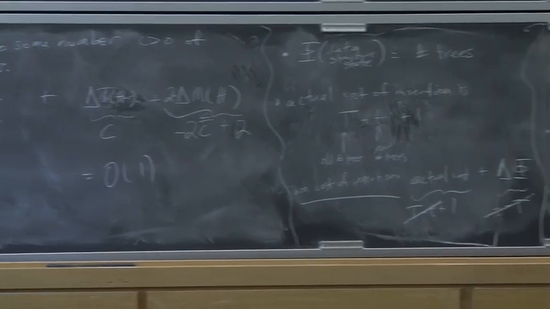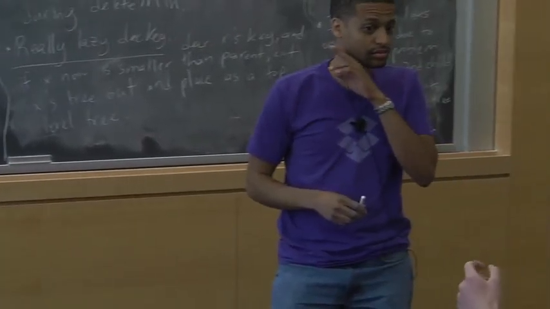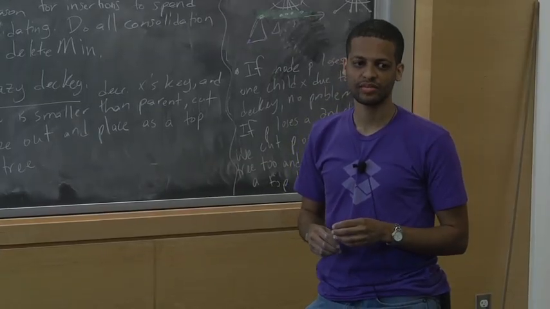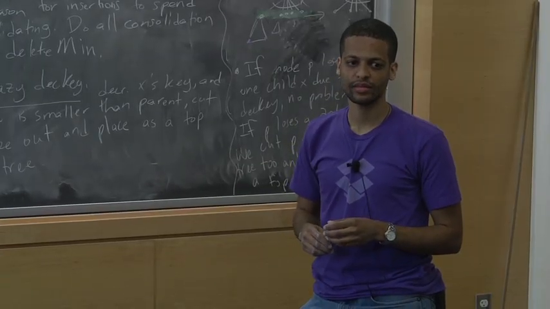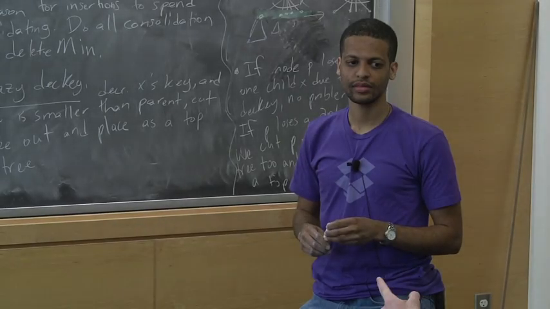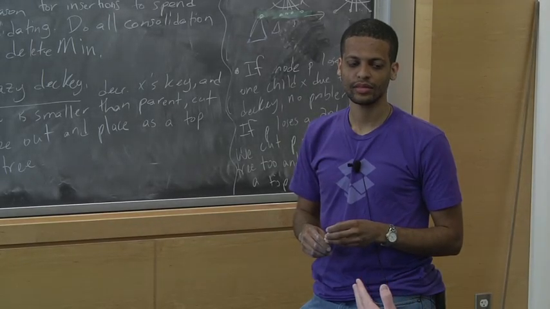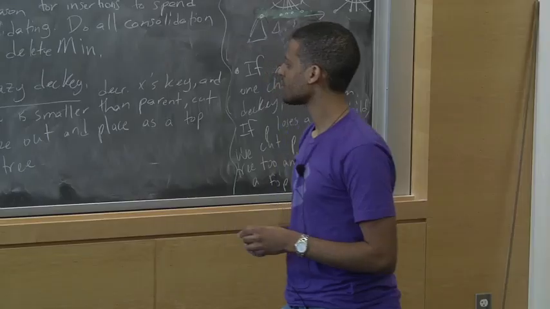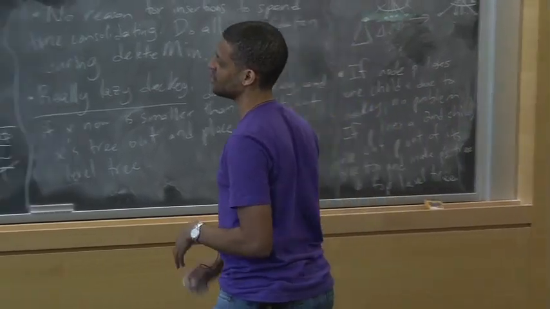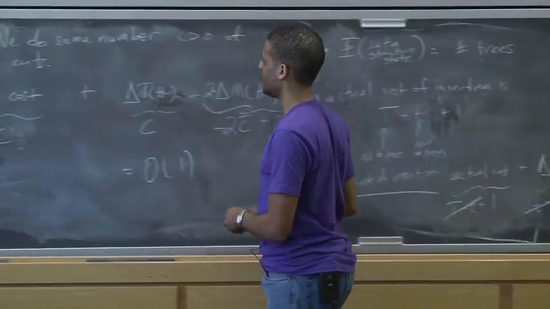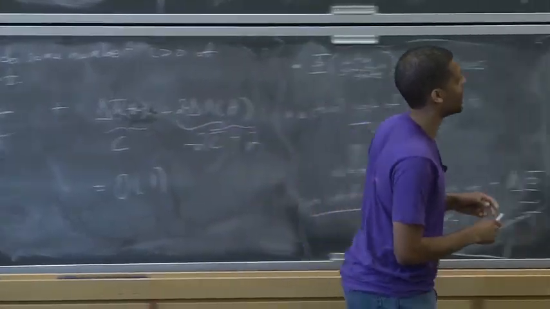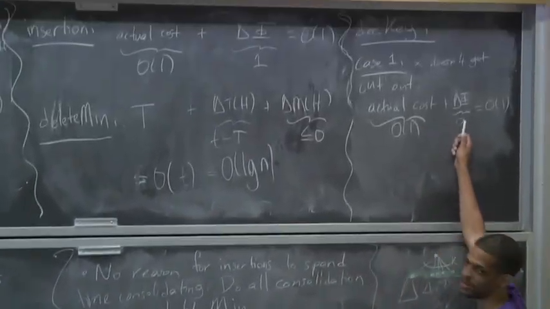Couldn't we have chosen that coefficient to be something really high, and then we would have been able to? Why choose a tight coefficient? Well, the cost of an operation is the worst case of the actual cost plus delta phi.